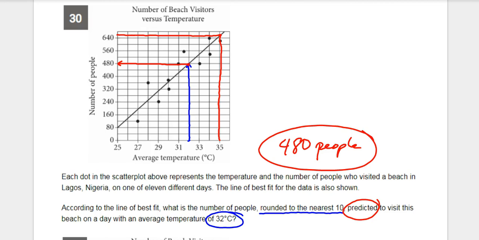It looks like these are going by 40s: 0, 40, 80, 120. So if every block is going by 40, I might have guessed like 660 or something for that one. But the correct answer here was definitely 480.